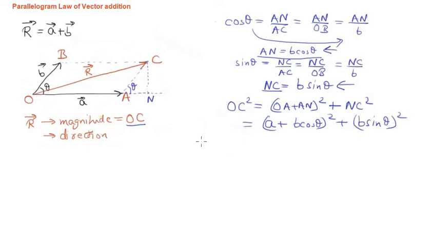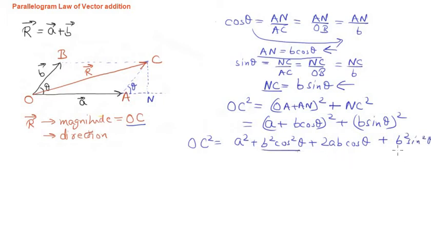Now in order to simplify, we will just say OC square is equal to A square plus B square cos square theta plus 2AB cos theta plus B square sin square theta.